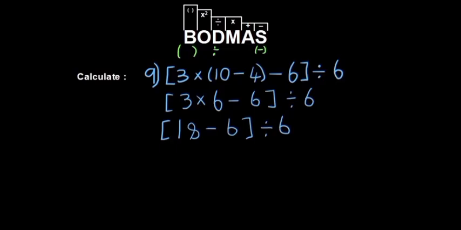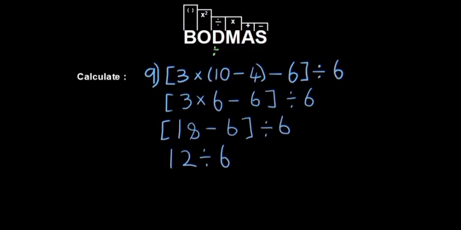Then now we're gonna subtract a 6 from 18 to get 12. Now this subtraction is gone and the brackets are gone because we no longer have a calculation inside the bracket.